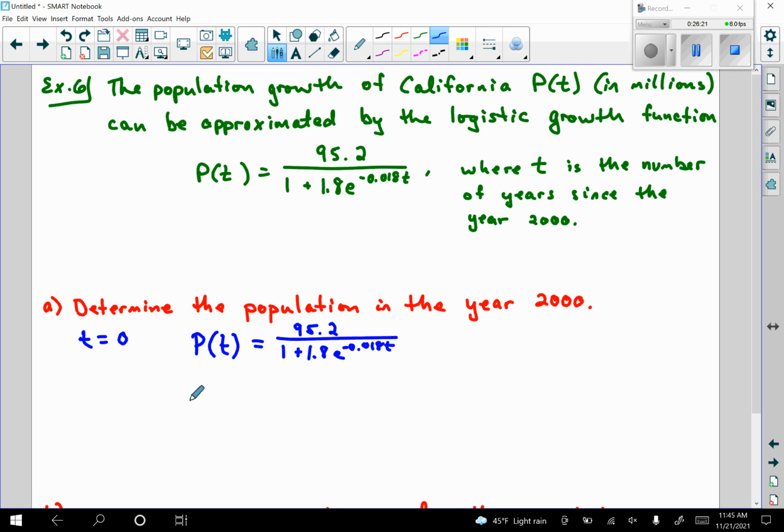We're just going to substitute in 0. So P of 0 is going to become 95.2 divided by 1 plus 1.8 e to the negative 0.018 times 0. Well, this becomes e to the 0, and if you recall, anything to the 0 power is 1, so we just get 95.2 over 1 plus 1.8.